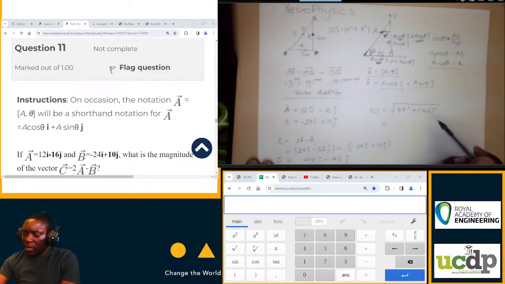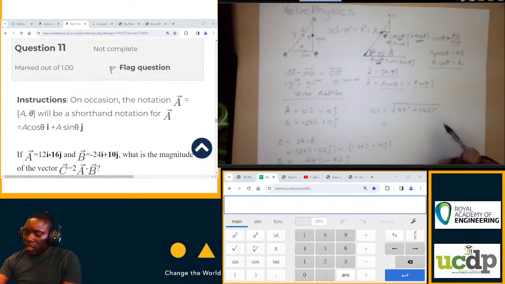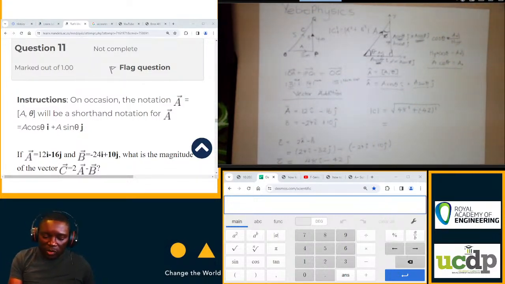And to get the magnitude of the resultant there, we then use the Pythagoras theorem to get the magnitude of this resultant vector. So squaring 48 and adding it with the square of 42, then taking the square root, gives us that magnitude. So that's the root of 48 squared plus 42 squared. So the negative 42 squared is same as 42 squared.